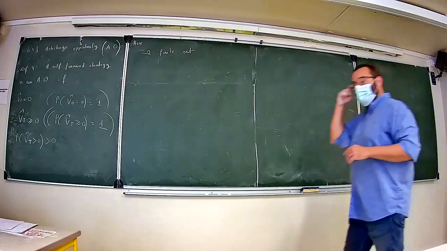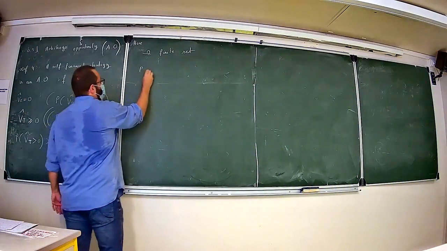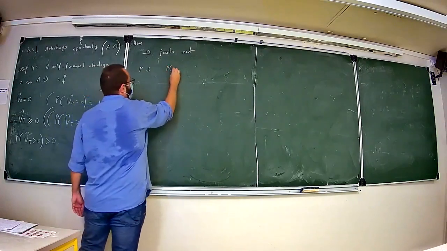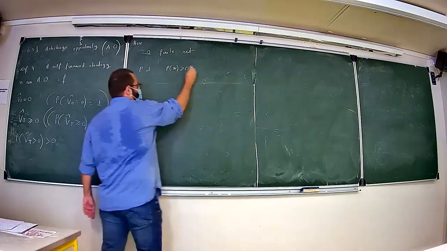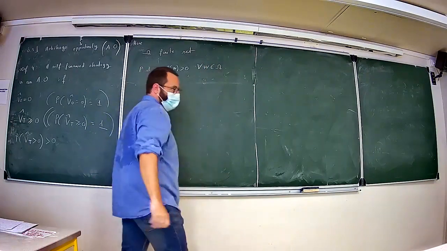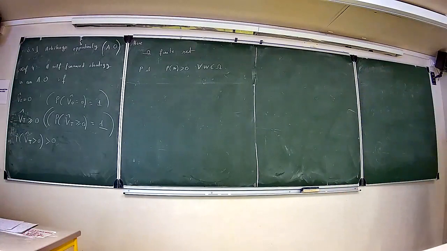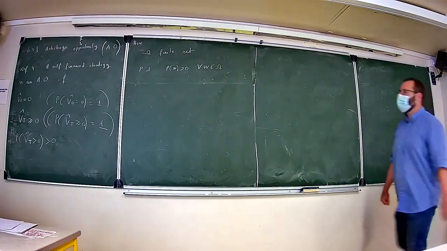And I have defined a probability P such that P of W is always strictly positive for all W in omega. Why do I remind this just before?